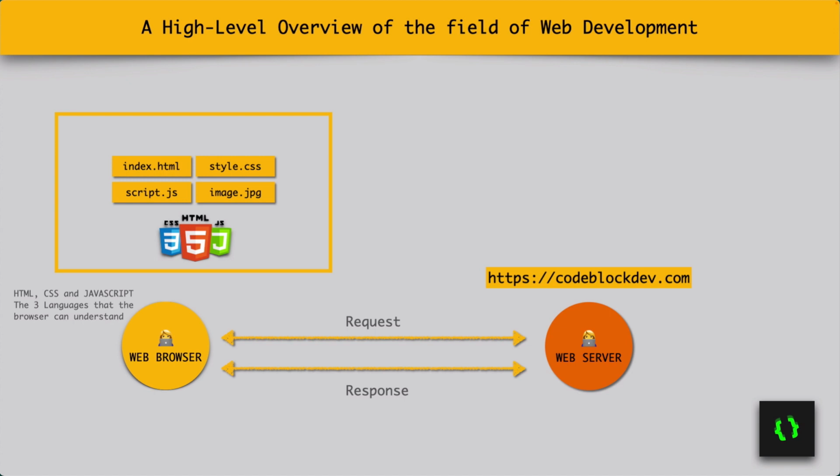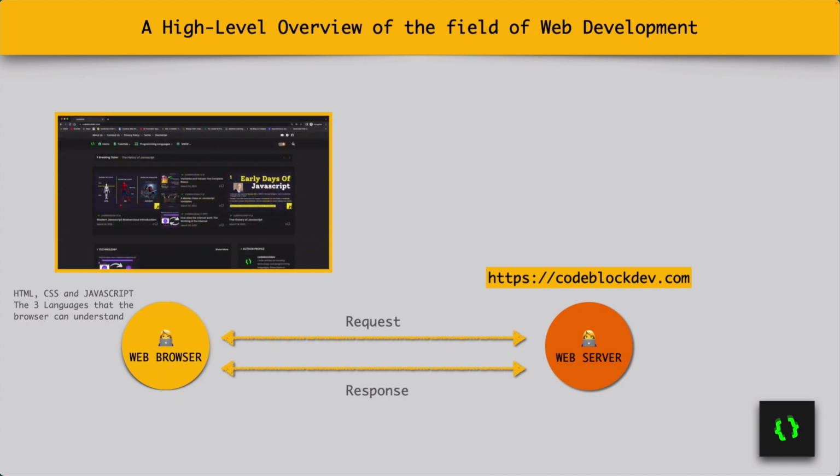Now, once the browser receives these HTML, CSS and JavaScript files from the server's response, it will take the code and render the website we are trying to access. And with this, you already have a good understanding of what happens behind the scenes when we browse a web page, and you also understood the technology we use to build any website.